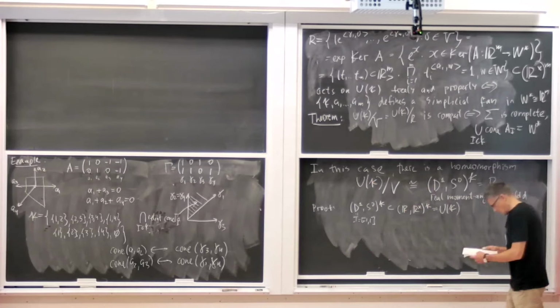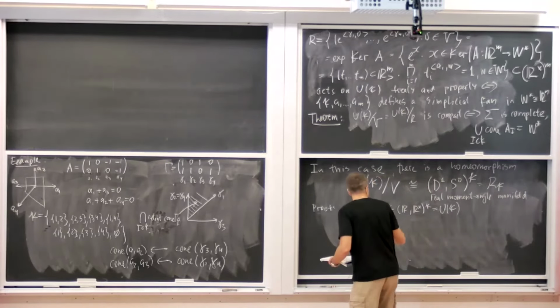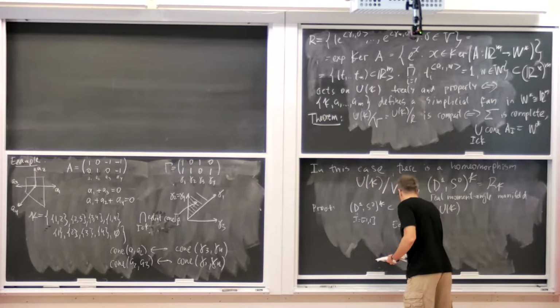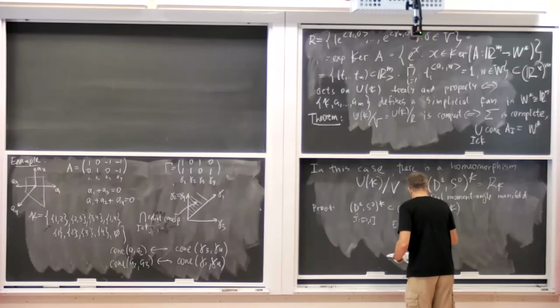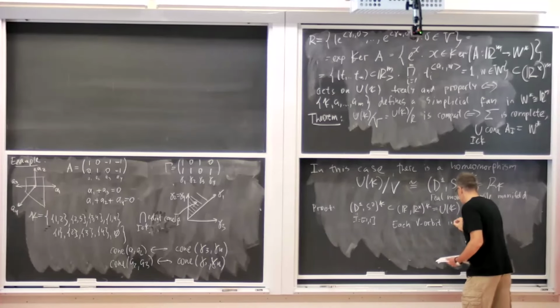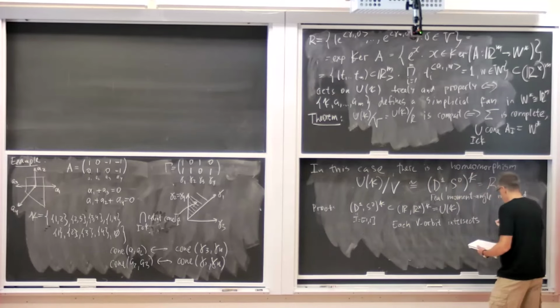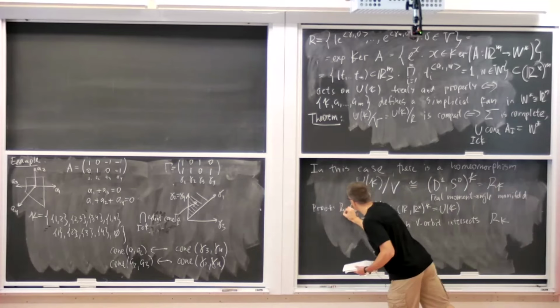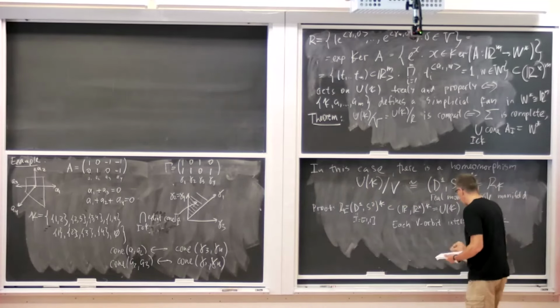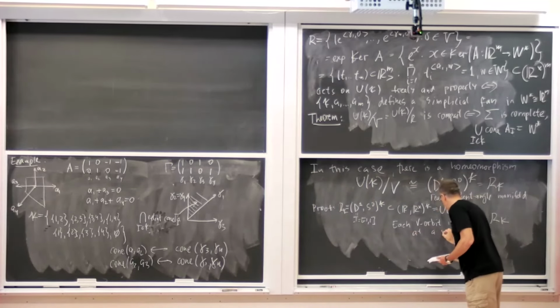And then you prove that each V orbit intersects this R^K at a single point.